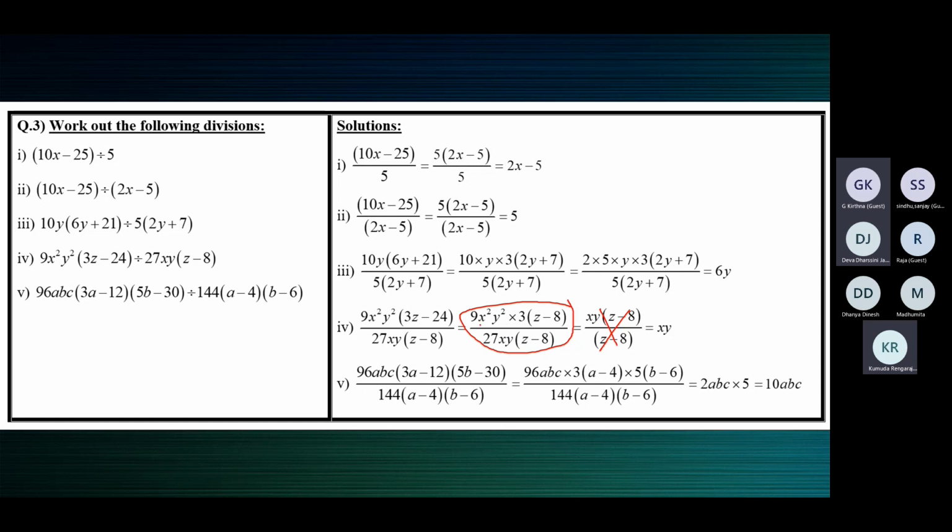You can cancel everything in the same step. z minus 8 gets cancelled. 9 3s are 27 and 27 gets cancelled. x square by x is x and y square by y. When you cancel 1 x, 1 x will go away, so 1 x remains. 1 y and 1 y here, so 1 y remains. So xy is the answer.